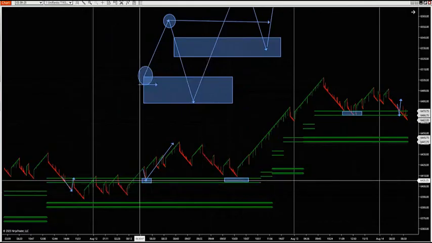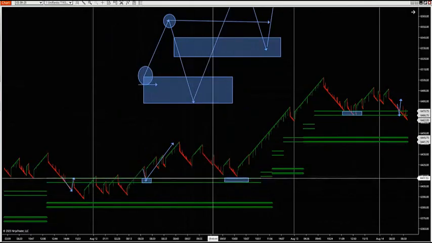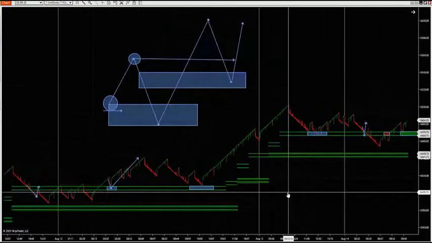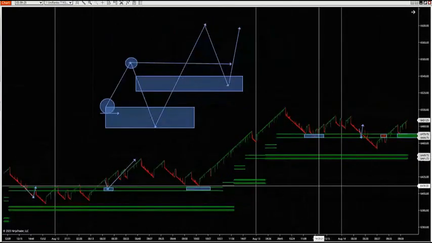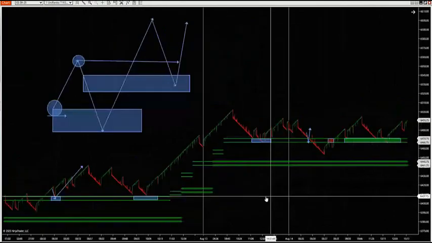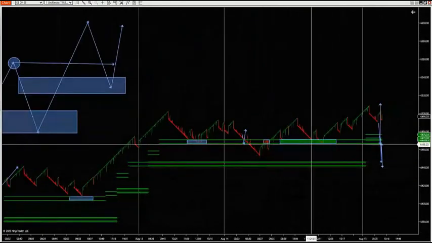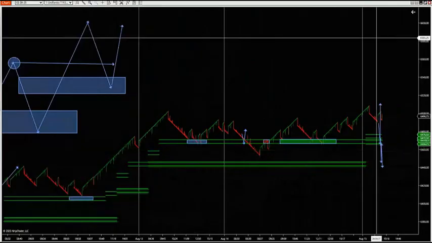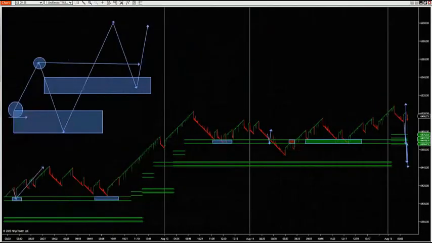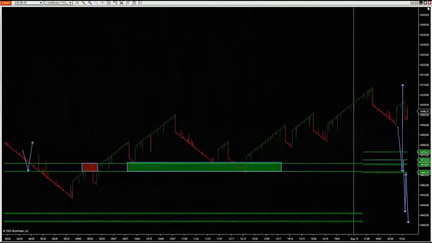But you can see they played off this zone. I mean, just really came off of it hard on the 13th, 14th. I mean, you can see what they're doing. They like to play off these zones. They played right off those zones yesterday too. So we'll see if today they can play off today's zones.